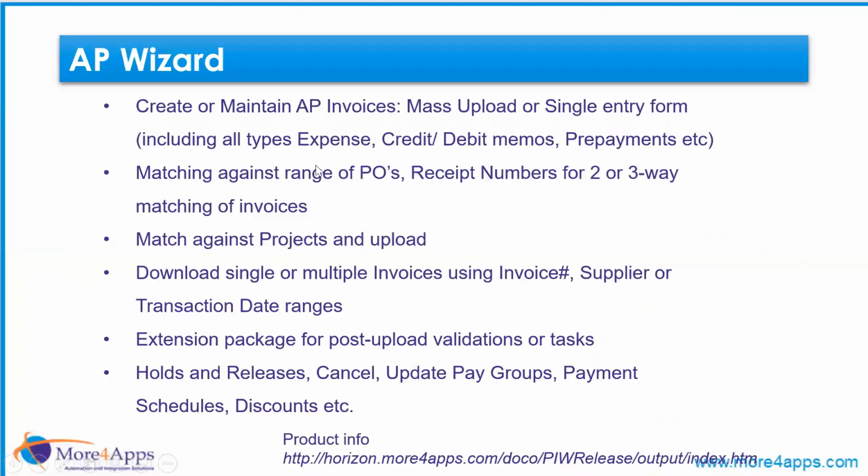We took a look at how to create AP invoices, including credit memo prepayments. We did PO matching. We downloaded some invoices and did some updates, put some holds, some releases on some invoices. So this is all you can do with the AP Invoice Wizard.